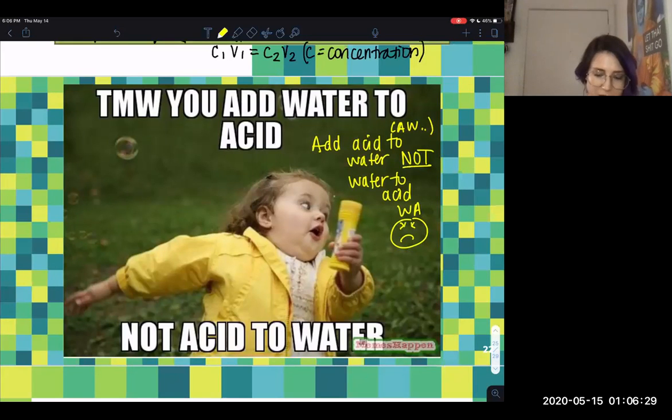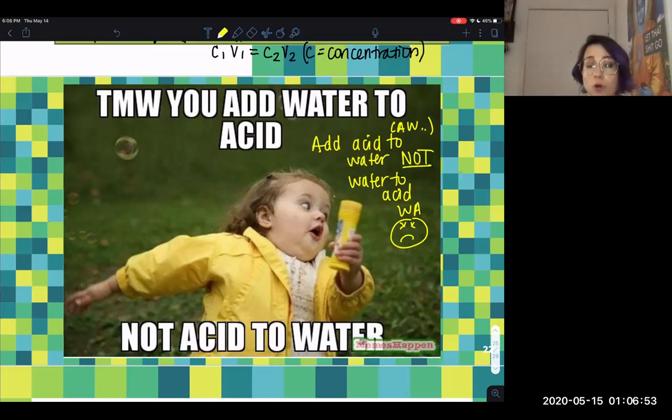Because your beaker will explode, pretty much. It gets too hot. So when you go back into the real lab and you remember what I'm trying to teach you about lab in this class, it's always "aw," not "wah."